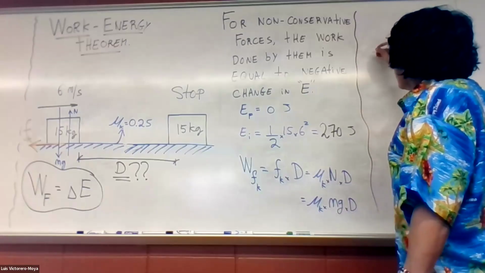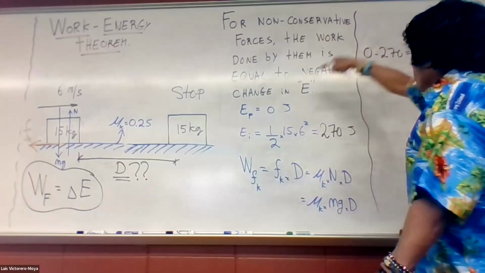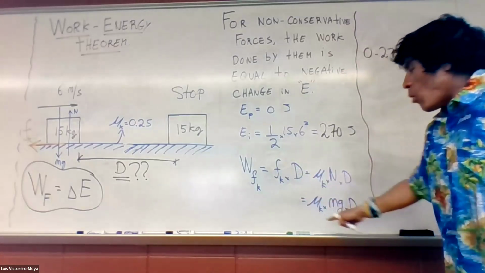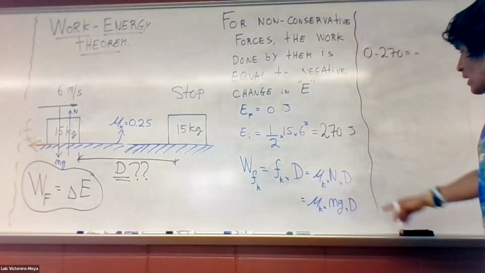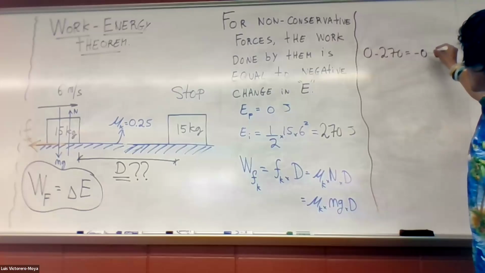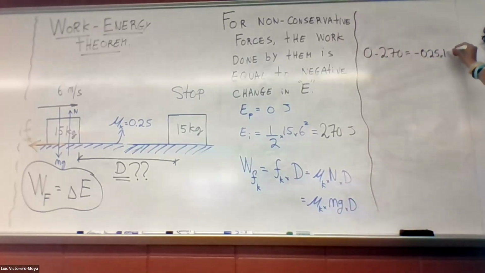You can do it like this, by the way: 0 minus 270 is the negative of the work done by friction, right? And that will be negative mu k times 15 times 9.8 times the distance.